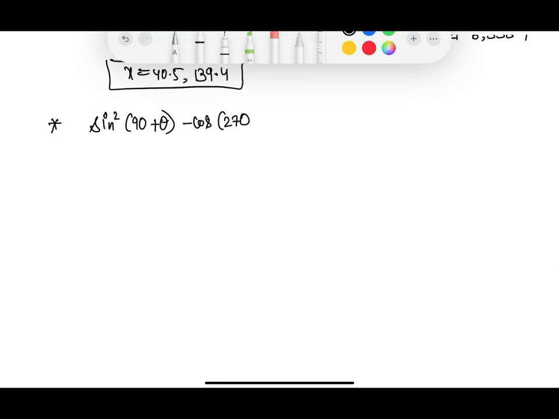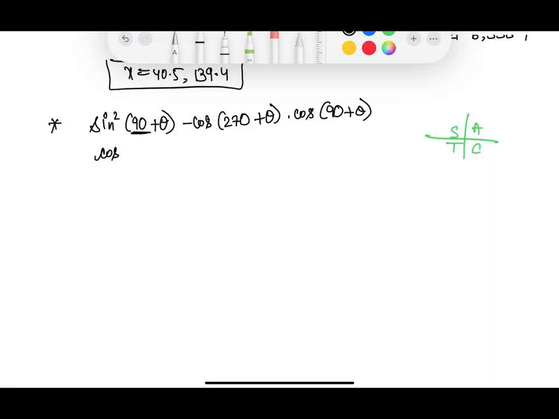It's a trigonometric identity, so simplify these. Draw the CAST again, same way. Sine 90 plus theta: whenever it's 90, it changes into cos.